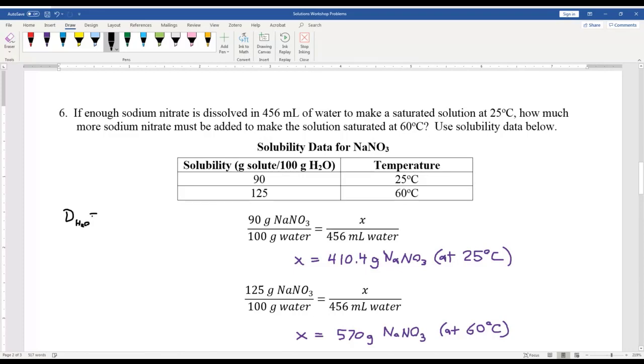The density of water is basically 1.00 grams per milliliter. Because of that, for water and for water only, milliliters and grams are interchangeable. So 100 grams of water is 100 milliliters of water. 150 grams is 150 milliliters of water. So for water, milliliters and grams are interchangeable.